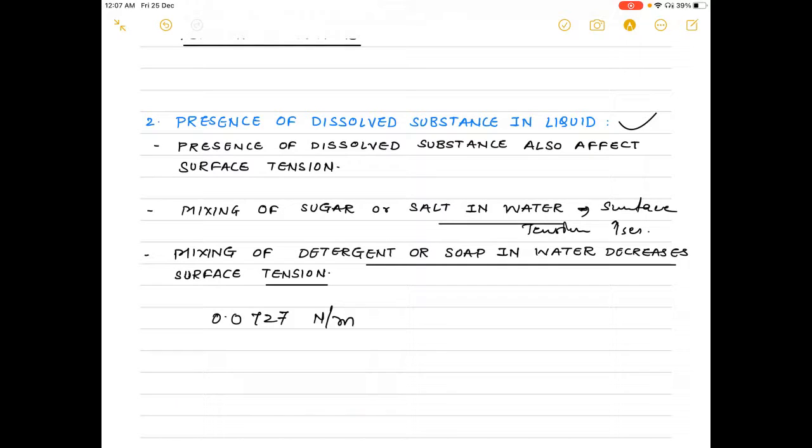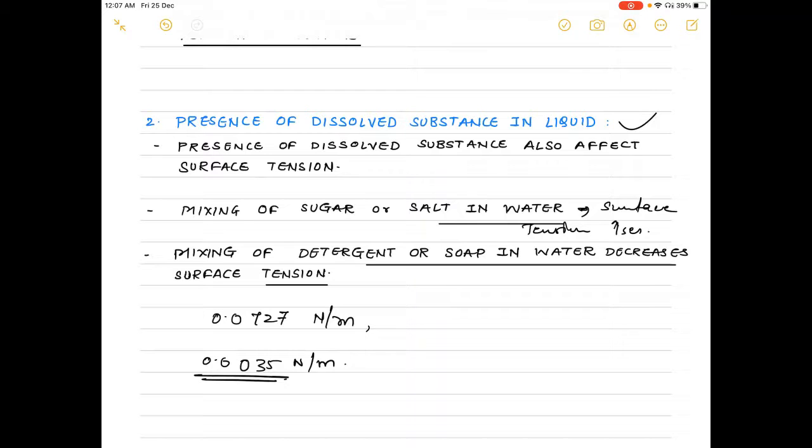When a detergent is added to the water, its surface tension reduces to around 0.0035 Newton per meter. So this is the effect of mixing of detergent or soap in water. It reduces its surface tension significantly.